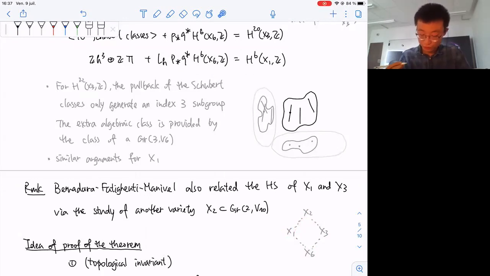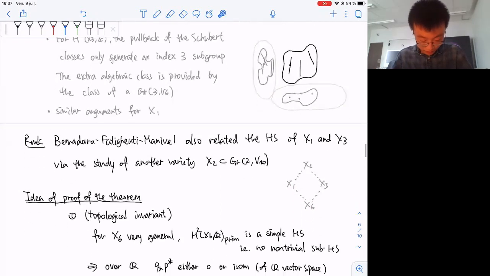But what we did is we passed through the hyperkähler X6. In this way we were able to use the integral Hodge conjecture on one-cycles on hyperkählers and prove the integral Hodge conjecture for X1 and X3.